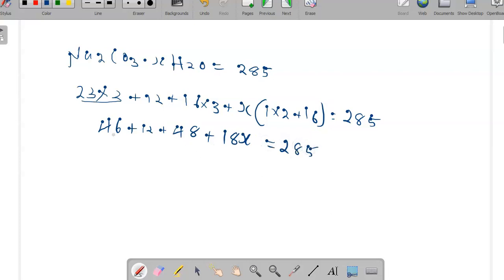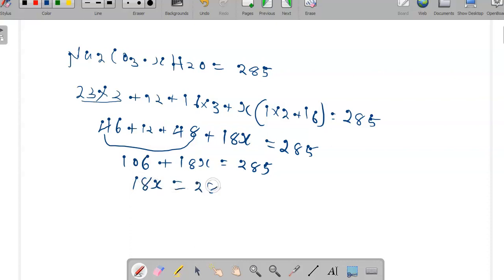Then now here you add all this. 46 plus 12 plus 48, you'll get 106. Plus 18X is equal to 285. When you are here, you collect like terms. 106 you transfer to the other side. You'll say 18X is equal to 285 minus 106. Because when you transfer this 106 here, it becomes minus according to mathematics.